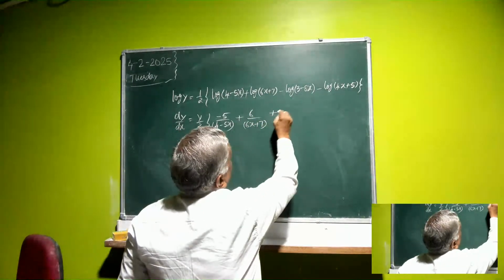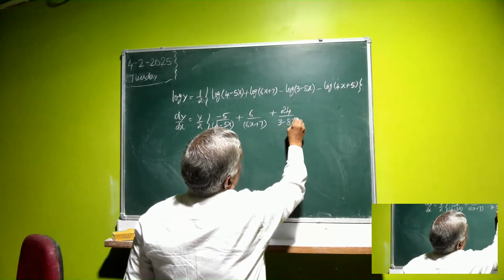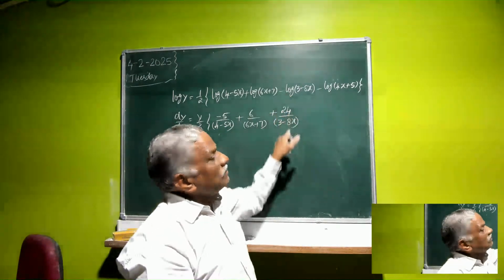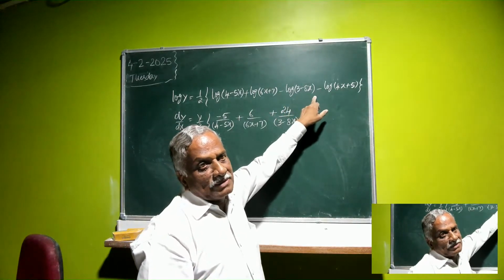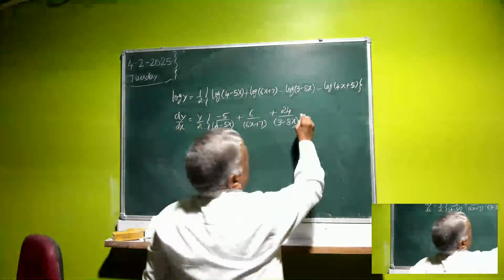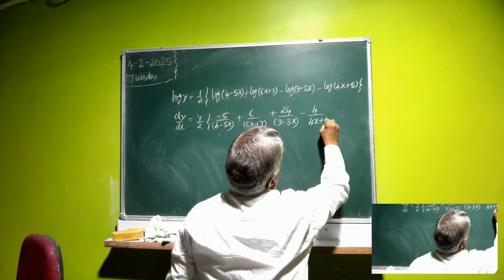This is plus 24 over 3 minus 8x. How? Log is 1 over. Derivative of 3 is 0, minus 8x is minus 8, minus 8 into minus is plus. And this is minus 4 over 4x plus 5.